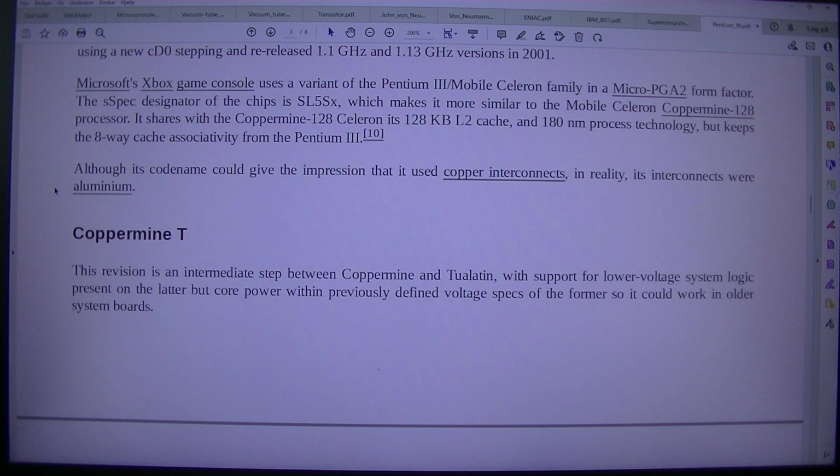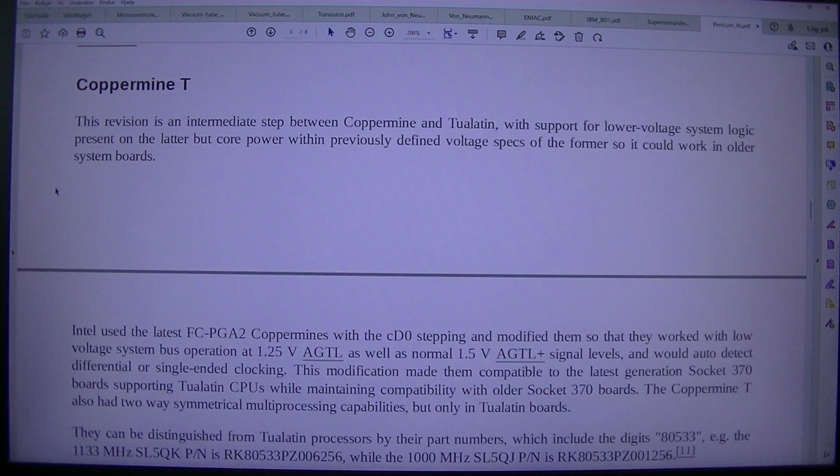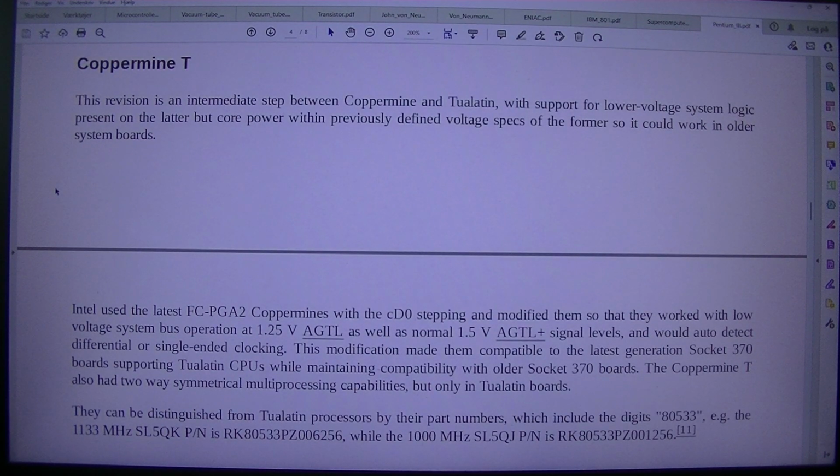Coppermine T. This revision is an intermediate step between Coppermine and Tualatin, with support for lower voltage system logic present on the latter but core power within previously defined voltage specs of the former, so it could work in older system boards.